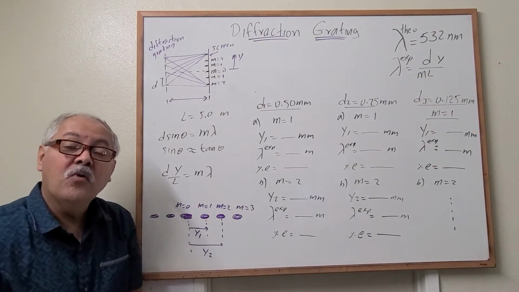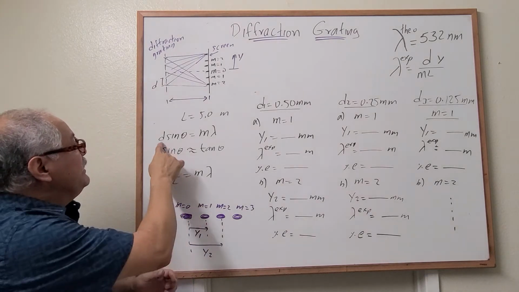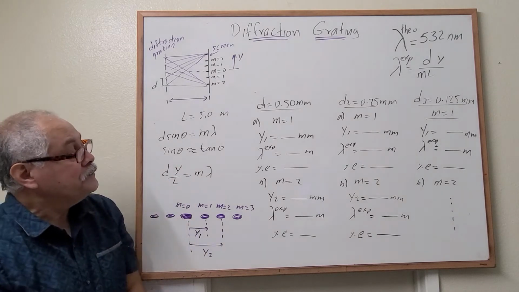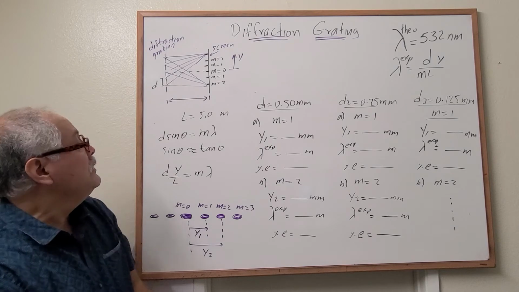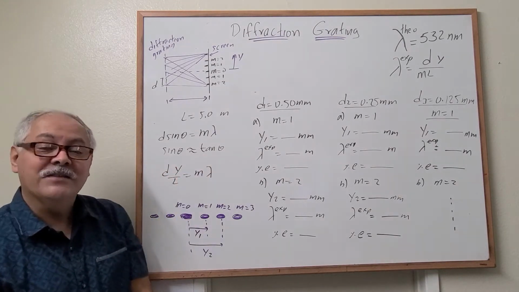And the equation for a diffraction grating is the same as for interference: d sine theta equals m lambda. In this particular case, the angle is small. When the angle is small, we know that we can make this approximation, sine theta about tangent theta.